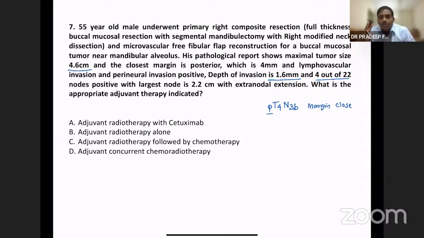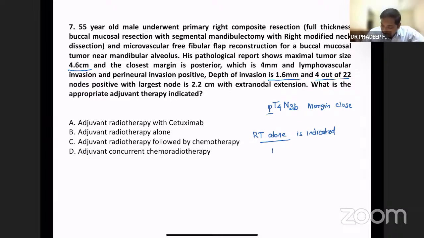So there are 2 important adjuvant therapies that are used for head and neck, oral cavity squamous cell cancers. Number 1 is radiotherapy alone. Number 2 is chemoradiotherapy. Radiotherapy alone is indicated when the risk of recurrence is more than 20%.